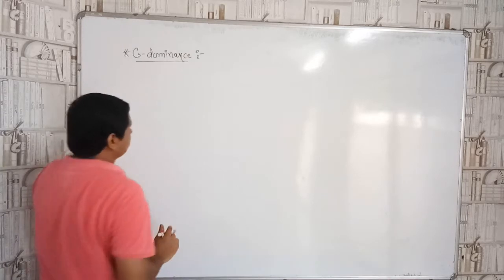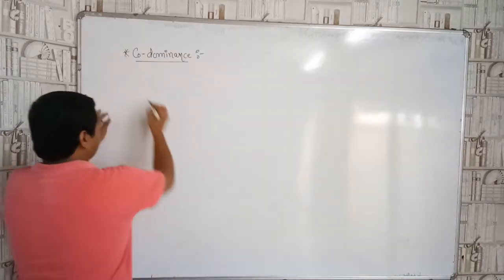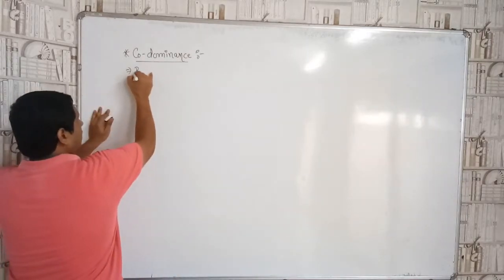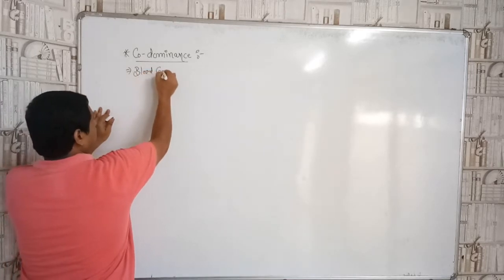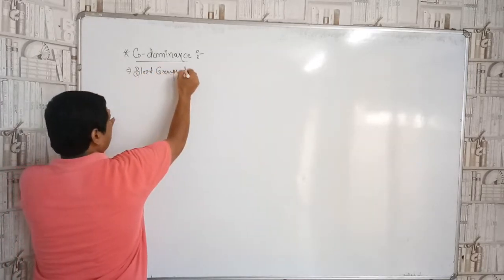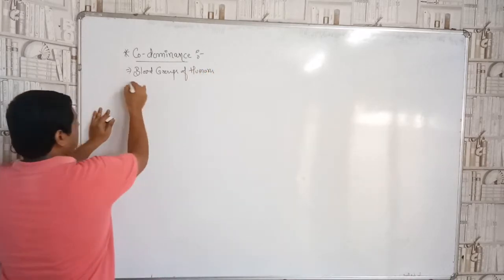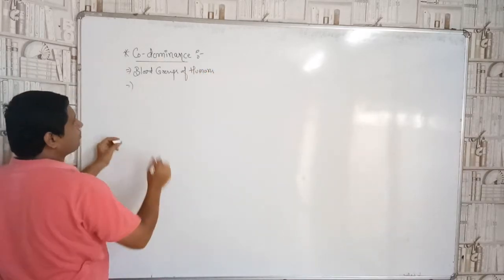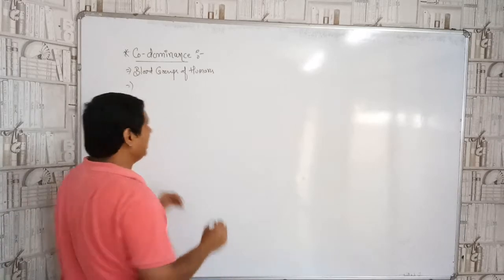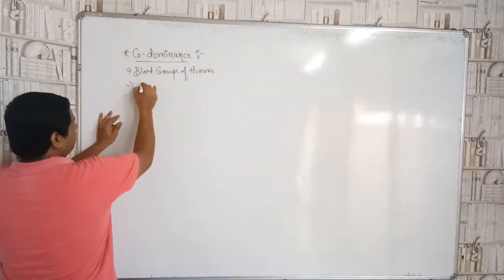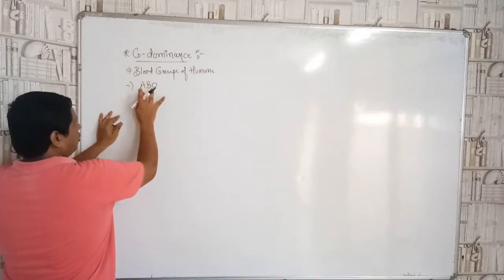Now codominance, we can say, is studied in the blood groups of humans. These blood groups, ABO, have three different types.